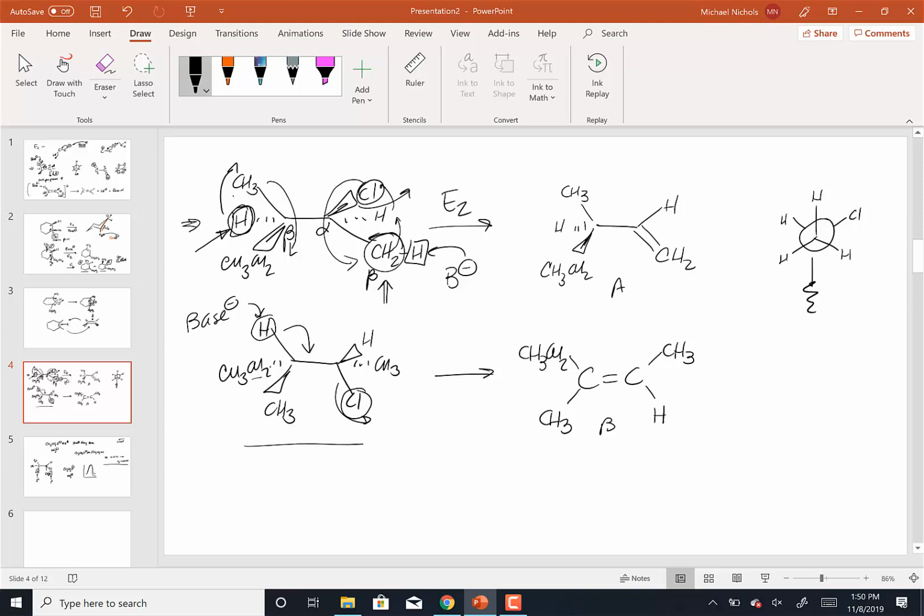B. B is more stable than A. That means this would be the major product if I use the methoxide ion, or, well, in this case, an ethoxide ion. I use a small base, I get the same product as E1. Right? I get the most substituted product. Why? Because of the sterics: a small base can get to either place.